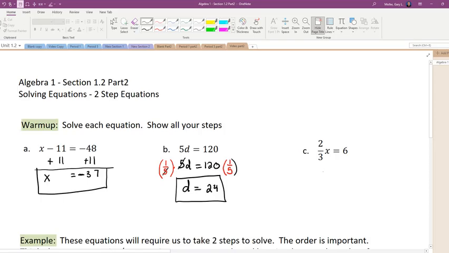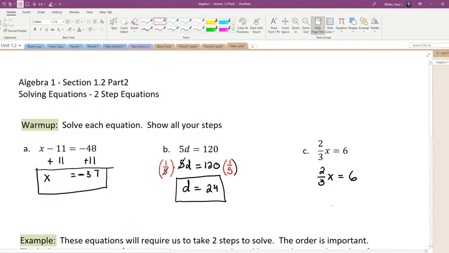All right, and so why, again, do we talk about multiplying by the reciprocal instead of division? And the answer is right here. Because if we train you to always divide, then you're going to want to divide right here, and then you get this mess. And this mess is quite literally a mess. So we want to avoid this situation where we get a complex fraction because they're just more complicated.